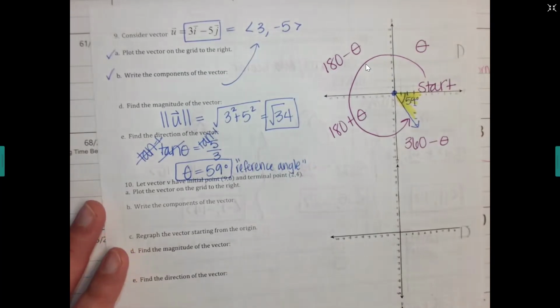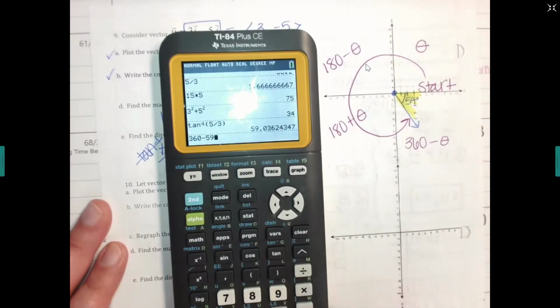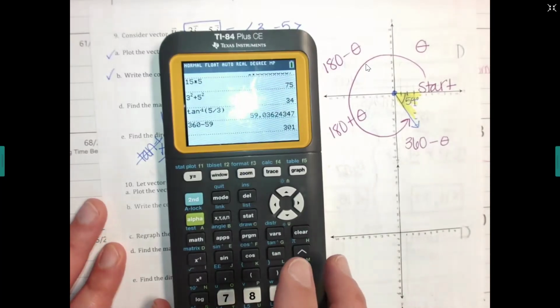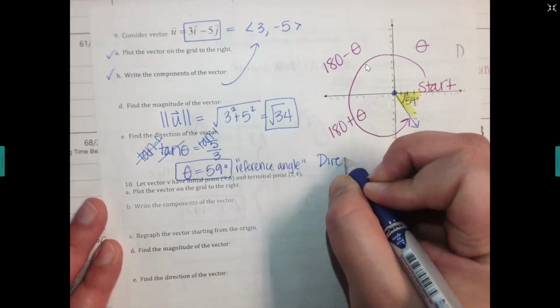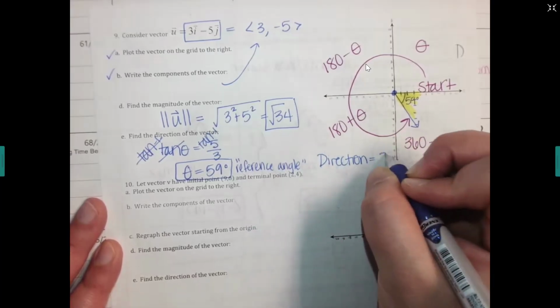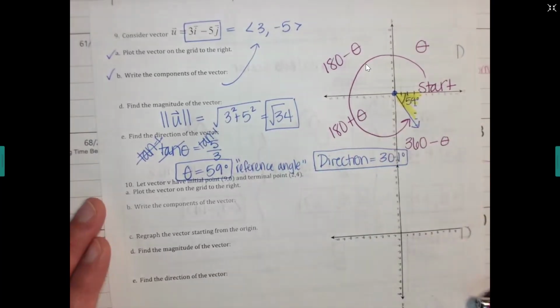Okay, so then if 59 is my reference angle, then 360 minus 59 means 301 is my direction. But remember, once you know the reference angle, you're using your quadrants to pick your last formula. Okay?